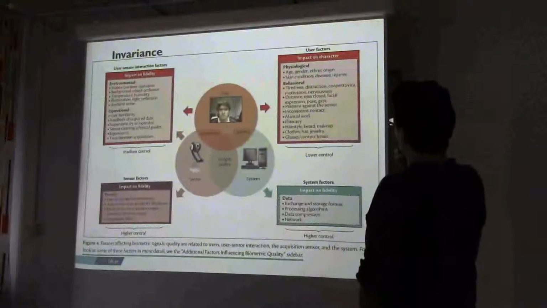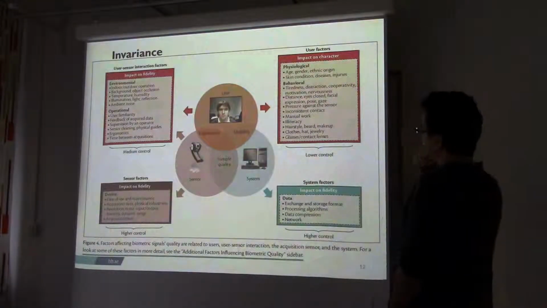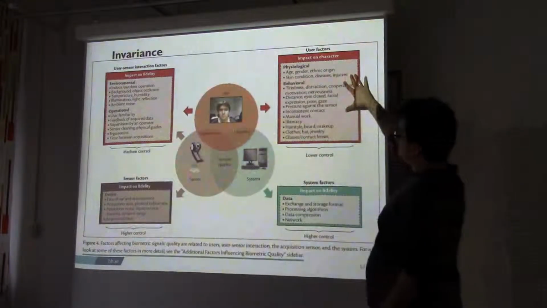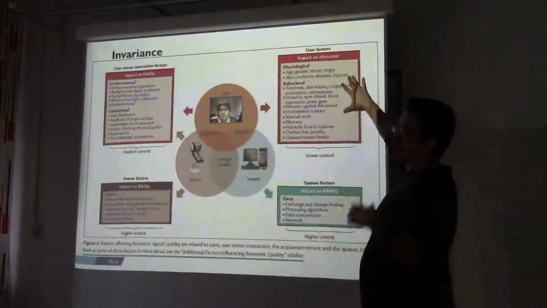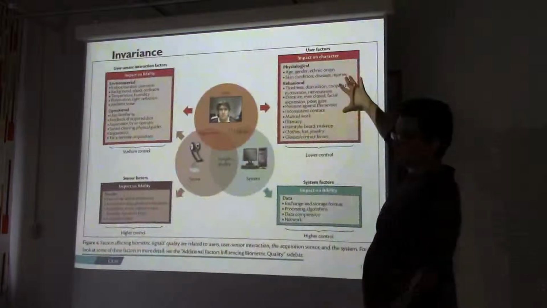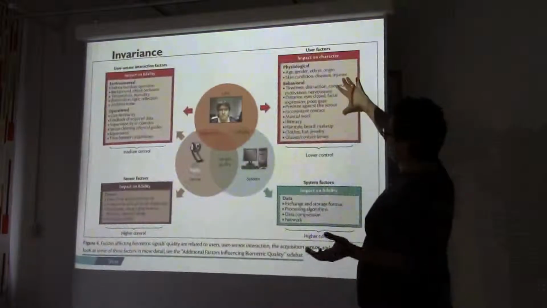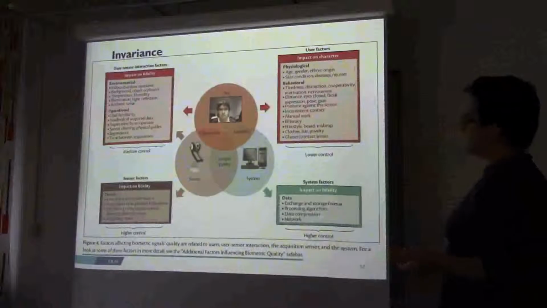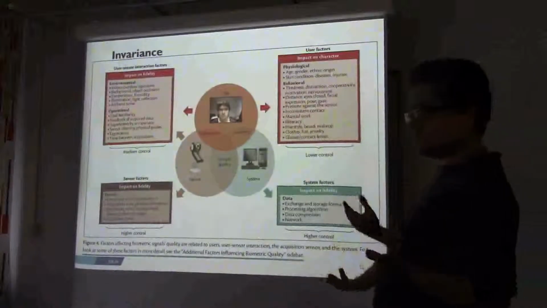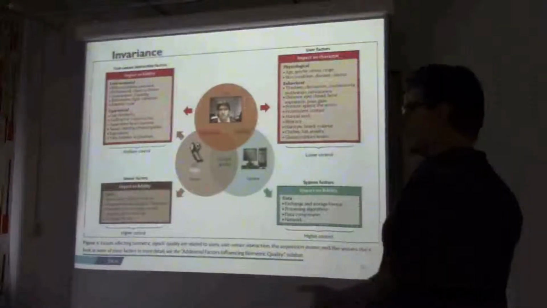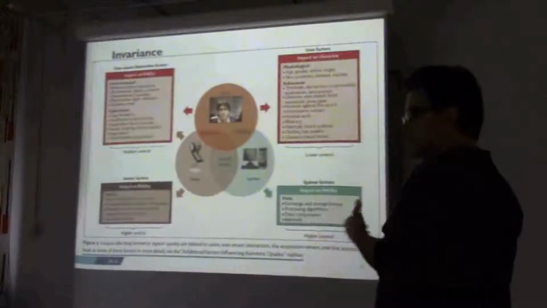But there are a lot of different factors related with the person itself. People get older, so your behavior changes, so how you interact with the machine changes. If you are able to use machines or not, if you have old people, the behavior will be different.